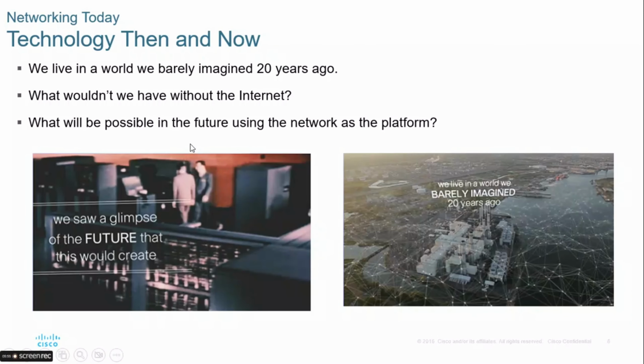When we compare the technology 20 years ago and now, we see there is a great difference. We used to have what we call mainframe computers, where a computer was larger than a modern house. But right now, a computer is just a small device that can even fit in the palm.